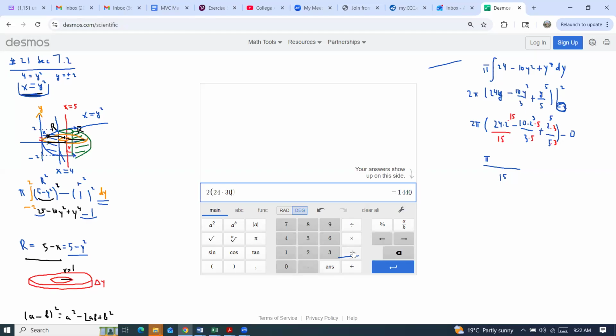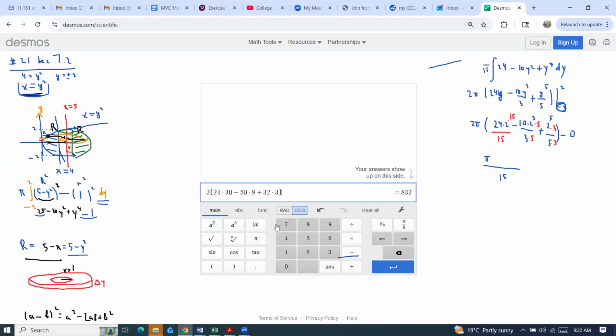And then minus, now 10 times 5 is 50, which is also multiplied by 2 cubed, which is 8. Or you can put whatever you like, but I'm just trying to do it conveniently for me. So now plus 2 to the 5th, it's 32 times 3. Well, let me just put 32 times 3, like that.